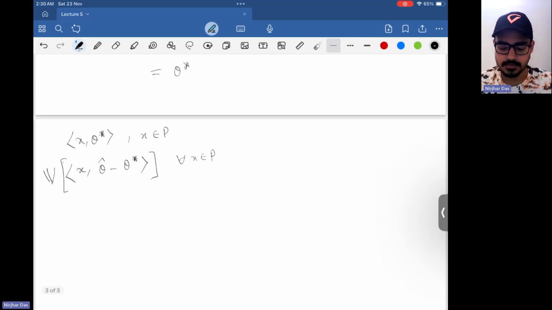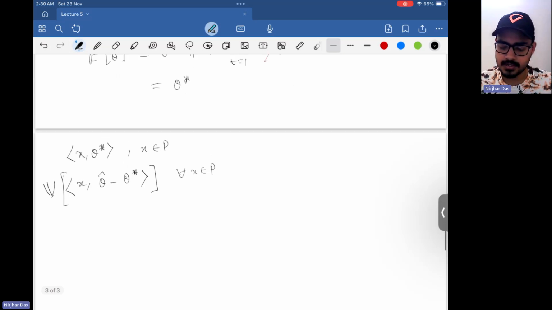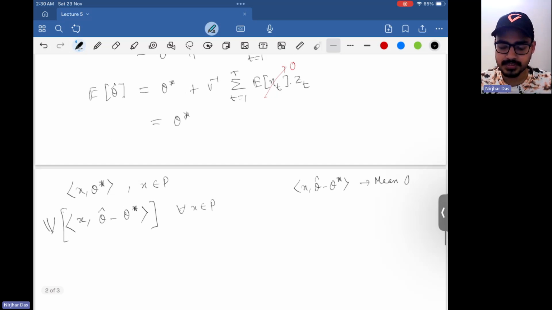So what happens to this variance? Note that x theta hat minus x theta star is a mean zero random variable, because the expectation of theta hat is exactly theta star.